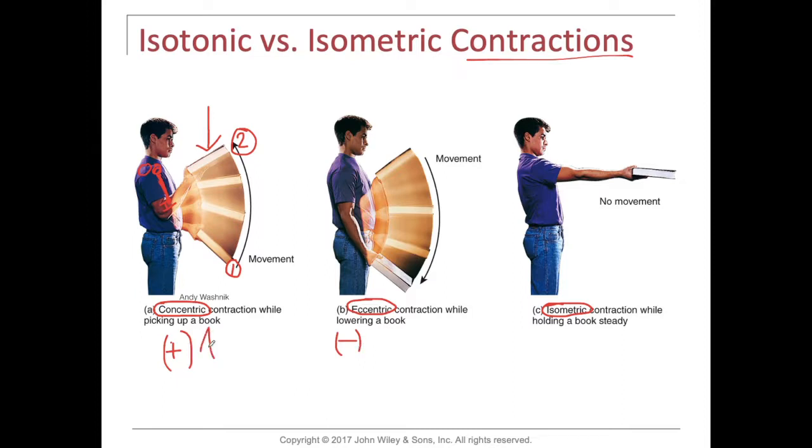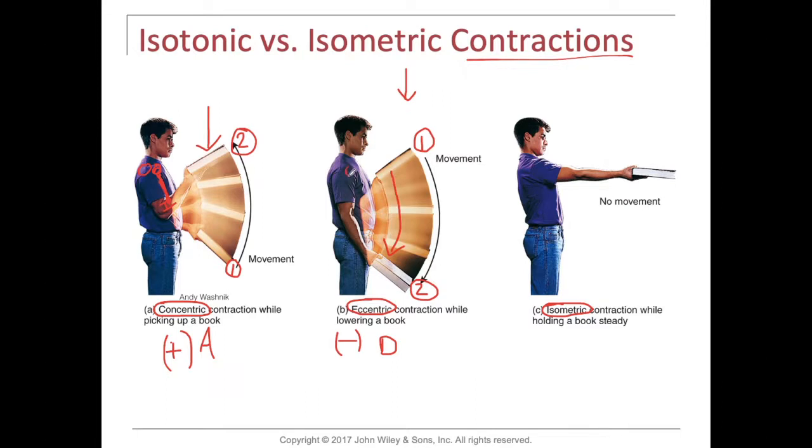I'll put an A here for acceleration, and then we'll put a D here for deceleration because in picture B, the starting position is up here, the finishing position is down here at the bottom, and this person is slowly lowering the book at a slower rate than which gravity wants to take it, right? You have gravity working down, and it's not that this is super, super heavy that they can't control it and the arm just drops. They are slowly lowering it.